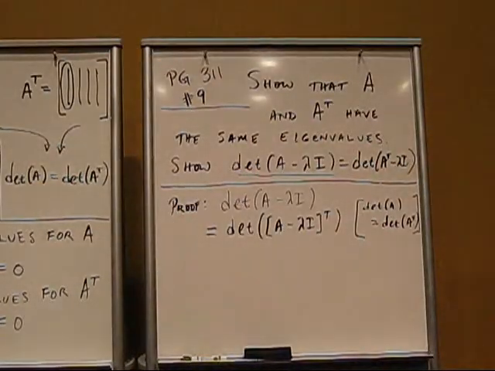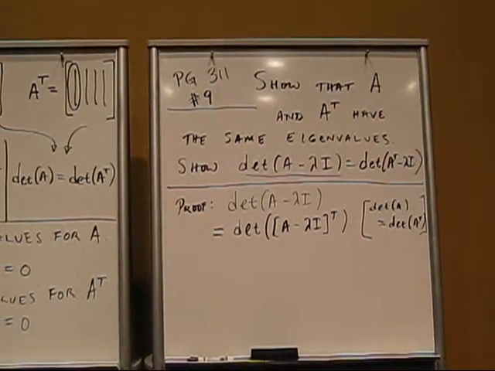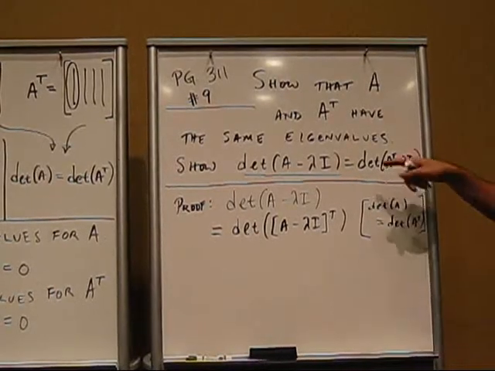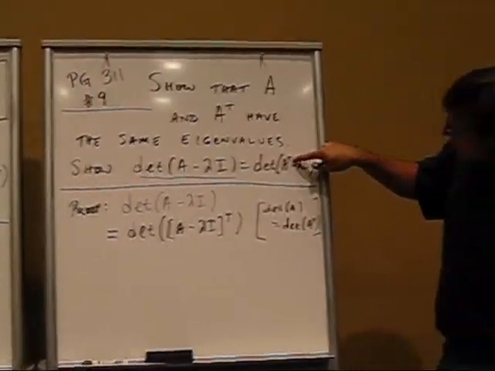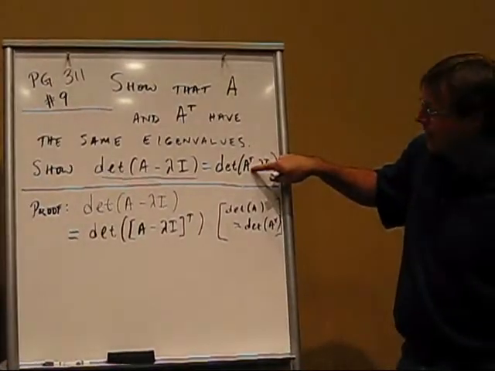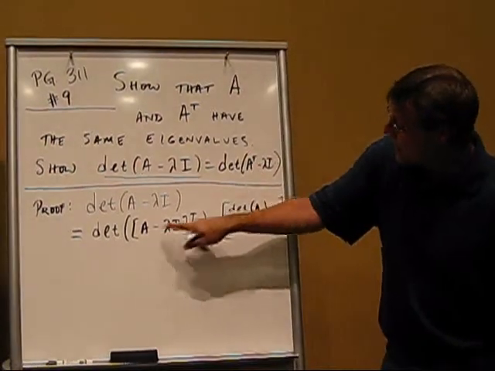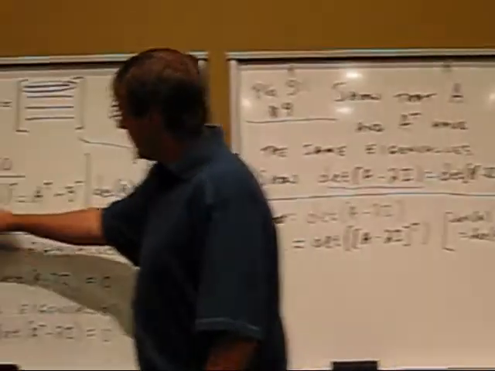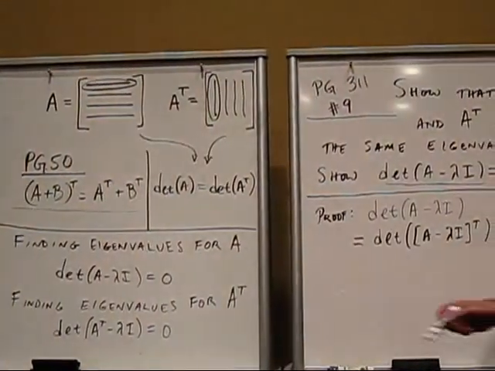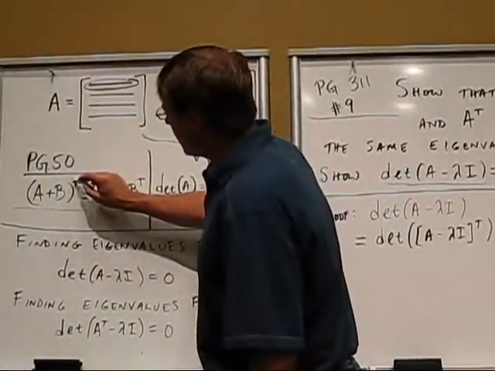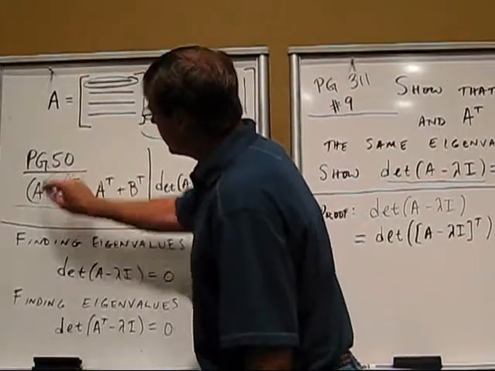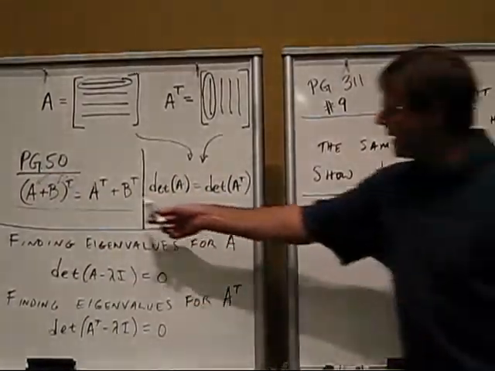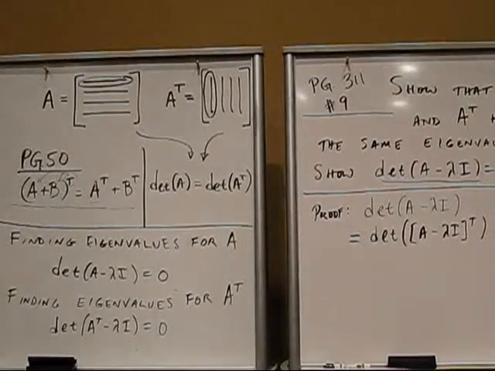Okay, so let's see how that's going to get us to here. Now, if you look ahead, I'd really like to have the transpose with the A. Right now it's just A, but I'd like it to be A transpose. So this is where this rule comes in. You see this T, the transpose, you can distribute it out to the A and the B, and that's why we get that result.